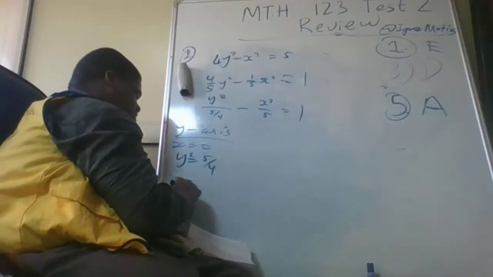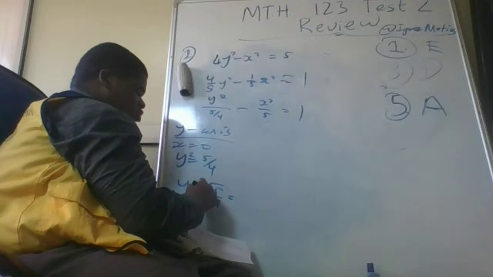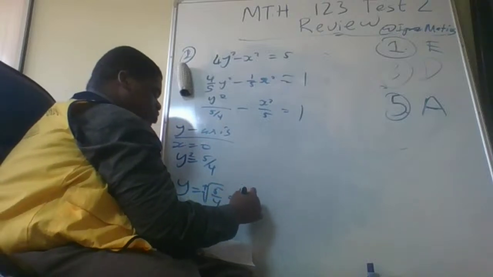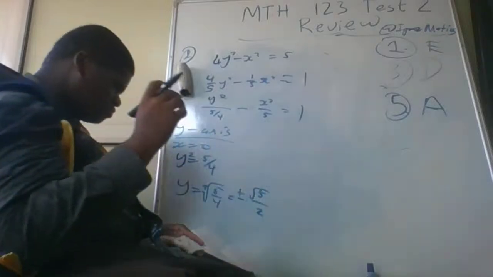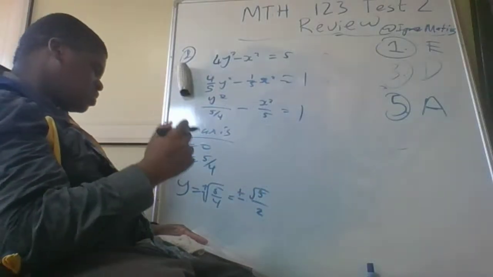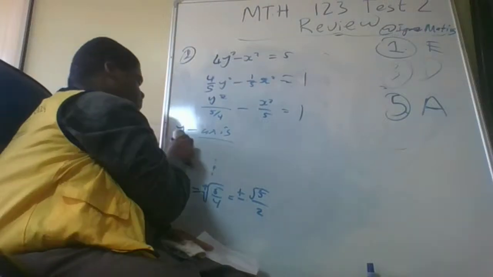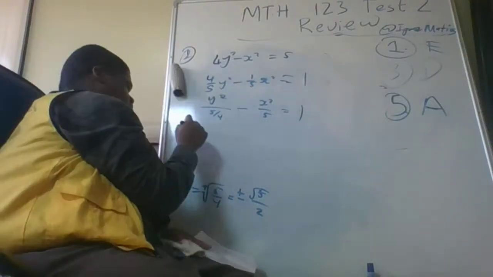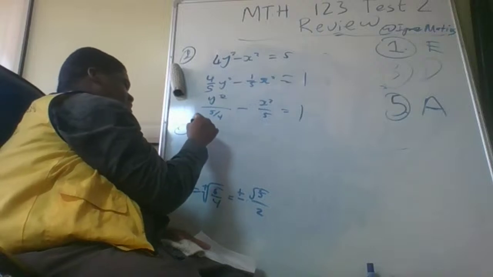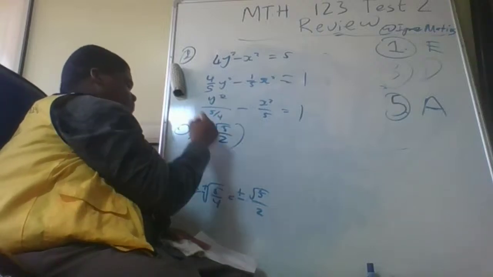If you take the square root of both sides, y is equal to plus minus square root of 5 over 4, which is equal to plus minus square root of 5 divided by 2. Now, remember, this is not the way you put it in your answer. You put it as a point. The y-intercepts are going to be 0, that's when x is equal to 0, and y is equal to plus minus root 5 over 2.